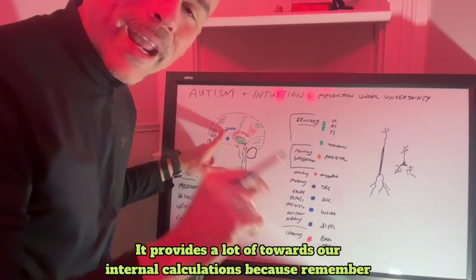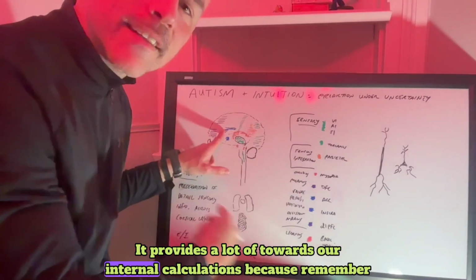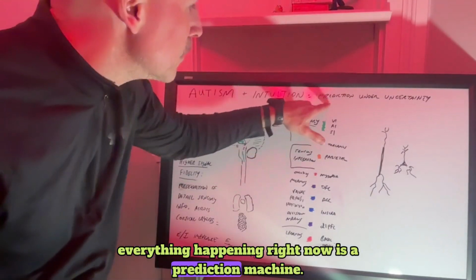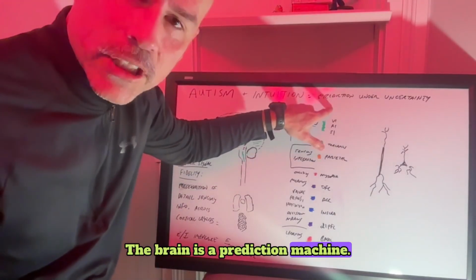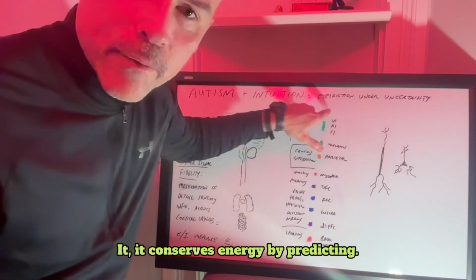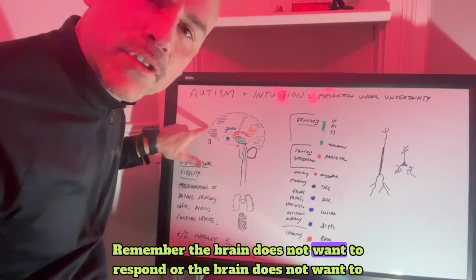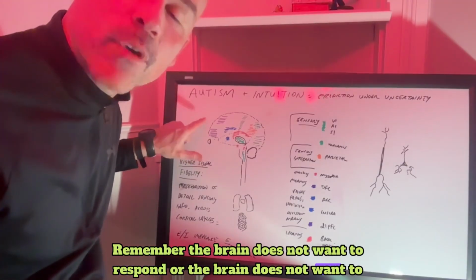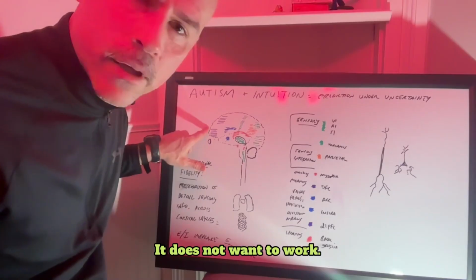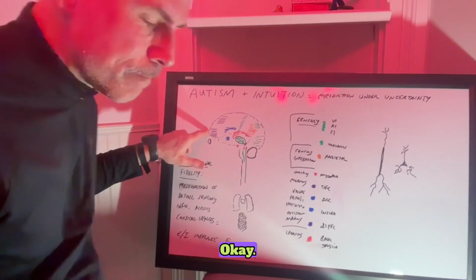It provides a lot of weight towards our internal calculations, because remember, the brain is a prediction machine. It conserves energy by predicting. Remember, the brain does not want to work. It just wants to respond.